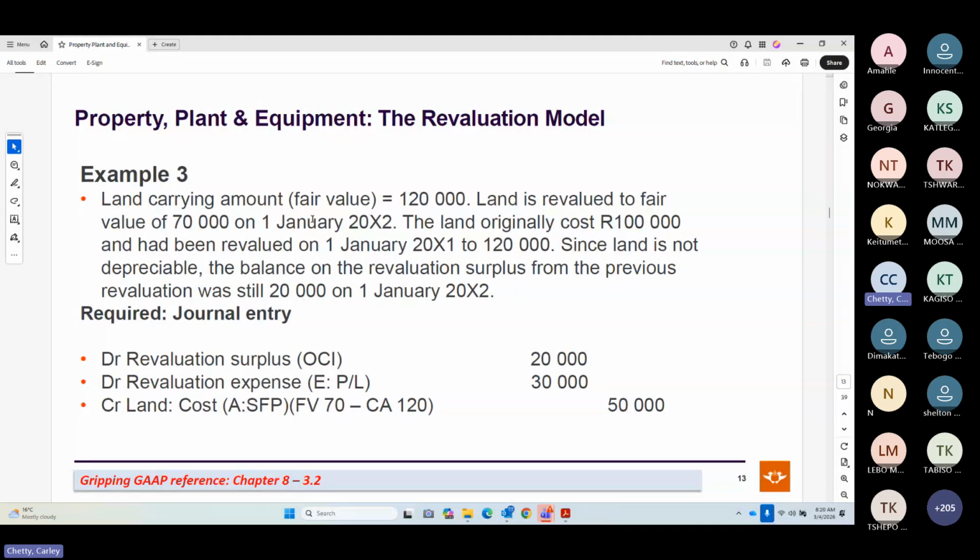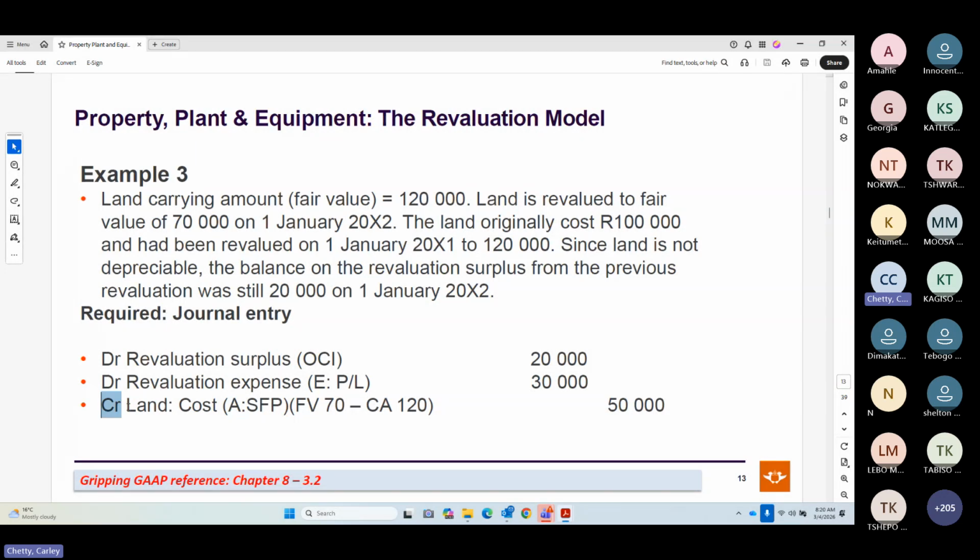Now we are sitting on 1 Jan 20x2 and the land has a fair value of 70,000, and we are comparing the carrying amount of 120,000 to the fair value on 1 Jan 20x2 of 70,000. So you can see that the carrying amount is 50,000 greater than the fair value. So we know that there's going to be a decrease in land of 50,000, okay?